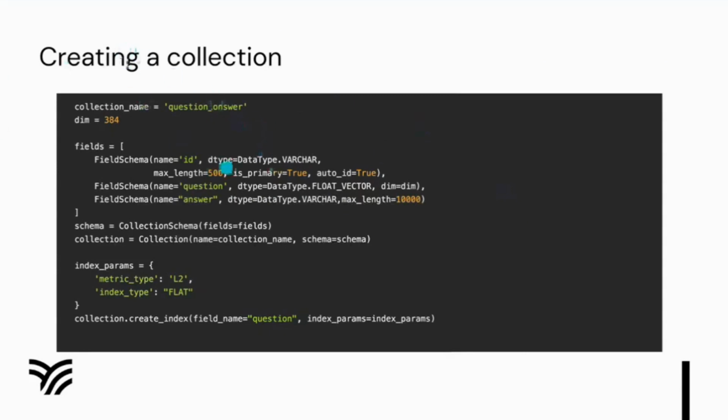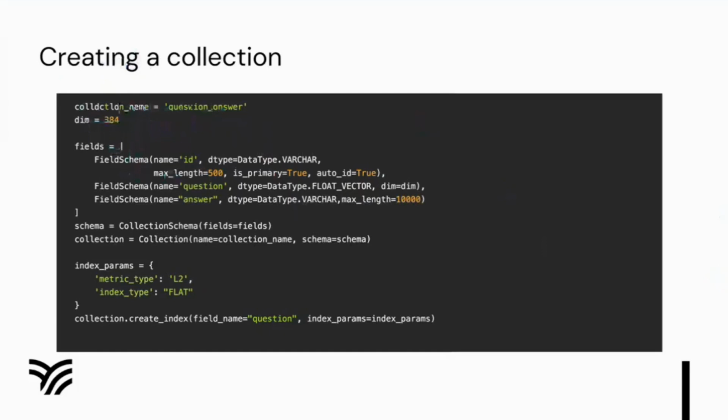If you want to create a collection, the collection is the basic object in which all the embeddings and their textual questions would be stored. First we need to give the collection name, then the dimensions of the vector, and then we need to specify the fields of the collection.